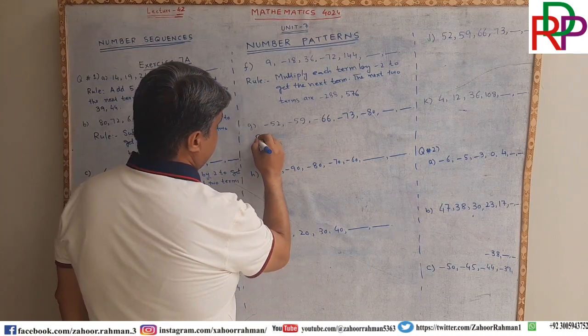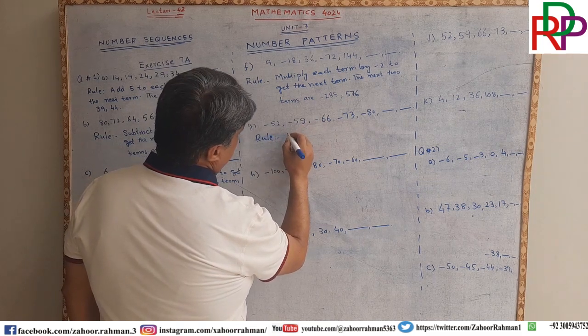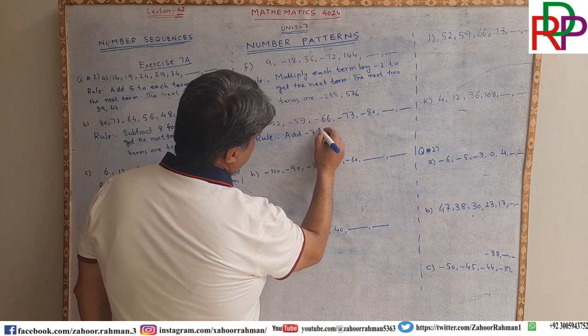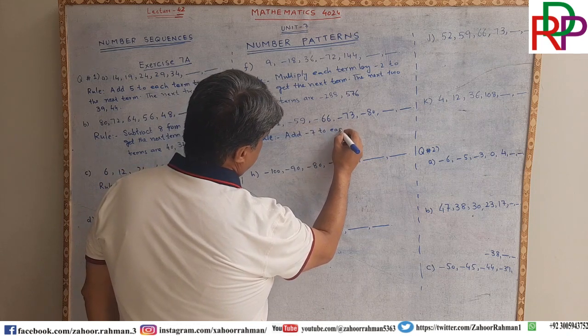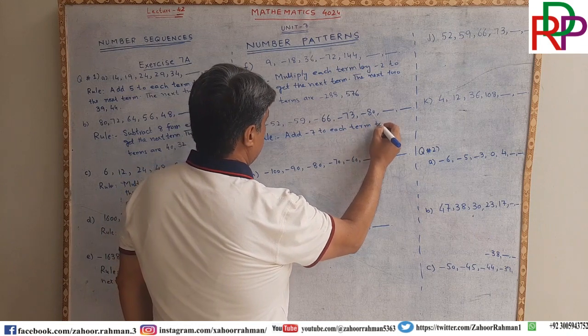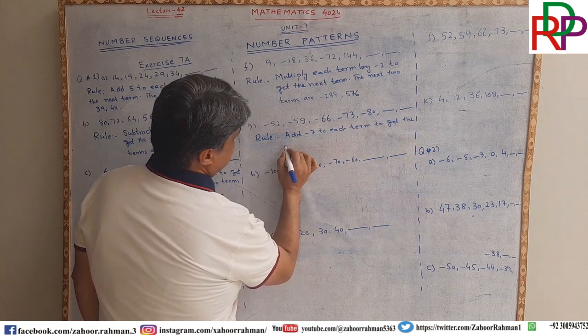So I am writing the rule: add minus 7 to each term to get the next term.